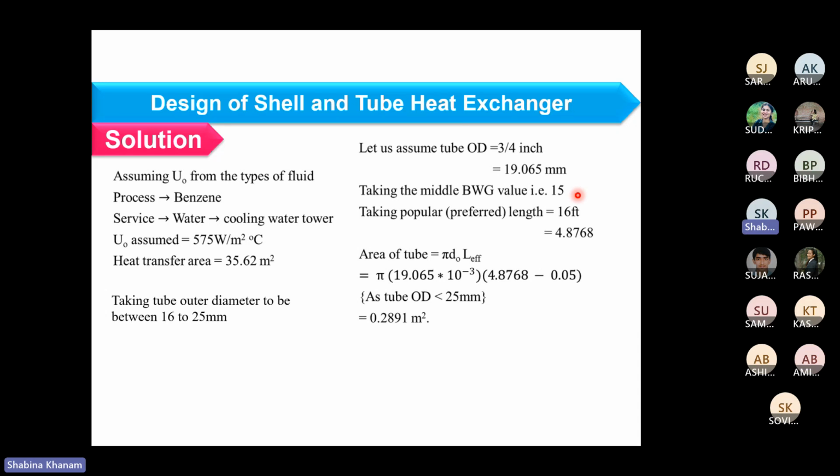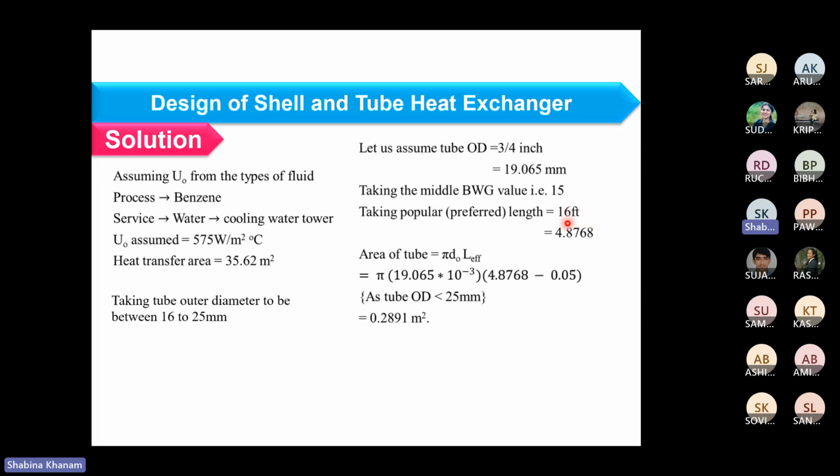Now this is the diameter. How can I choose the length? If you remember, lengths vary in different values like 6, 8, 12, 16, 20 and 24, I guess. All these values are standard values. You cannot take any value in between. So you need to assume the middle value from this. Let's say you can start with 16 feet.